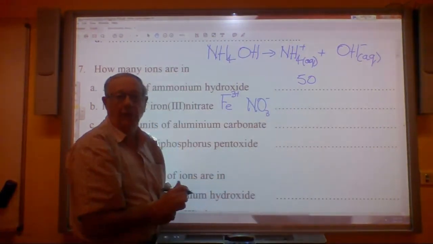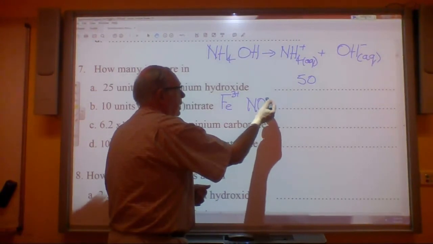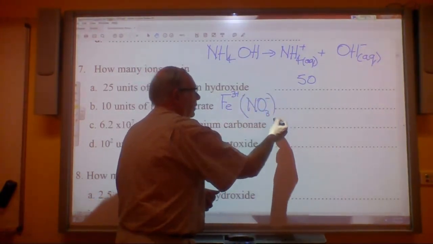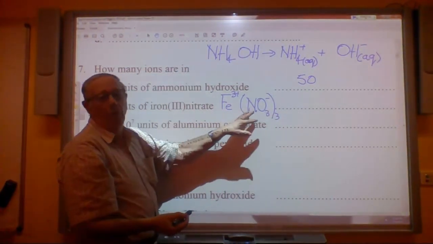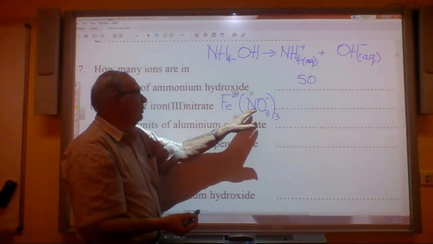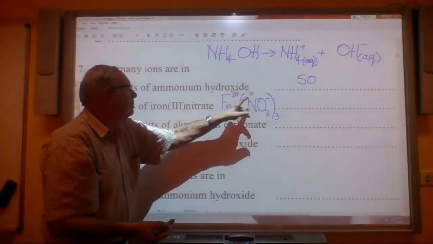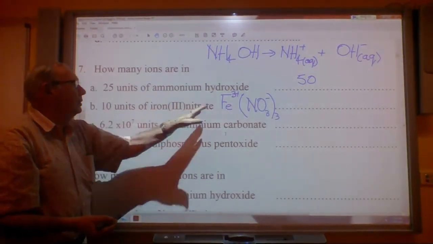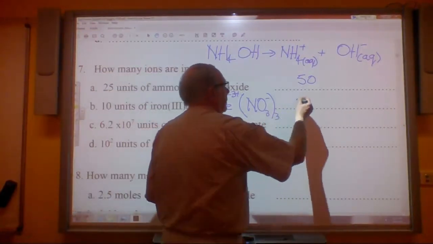That's the nitrate ion there. And we need 3 of these so that we have a balance for charge, positive and negative. So altogether, we've got 4 ions in this formula. So what that means then is if we've got 10 units of 4 ions, well, we've got 40.